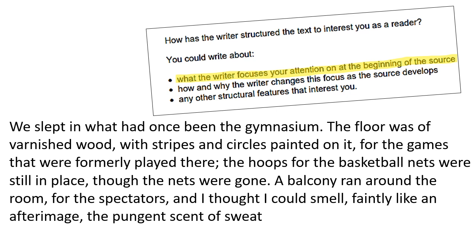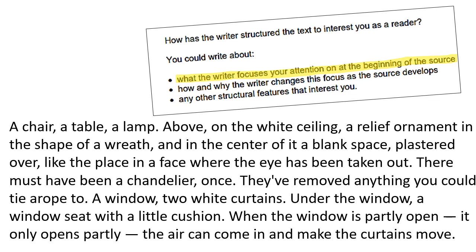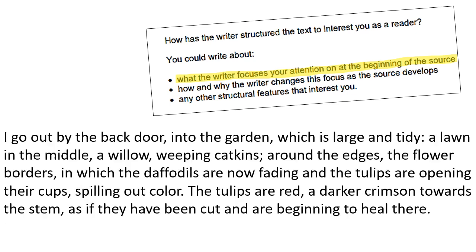So this is the beginning of chapter 1. We slept in what had once been the gymnasium. The floor was of varnished wood with stripes and circles painted on it for the games that were formerly played there. This is the beginning of chapter 2. A chair, a table, a lamp. Above, on the white ceiling, a relief ornament in the shape of a wreath.